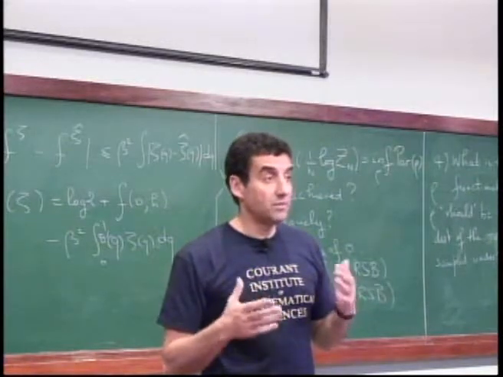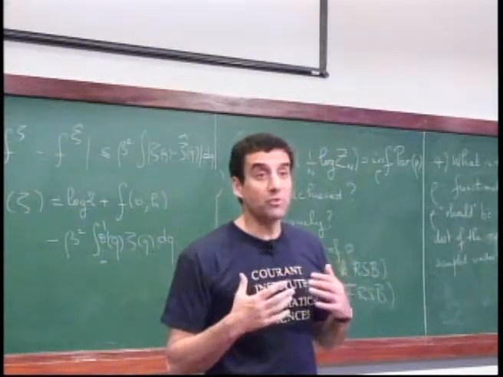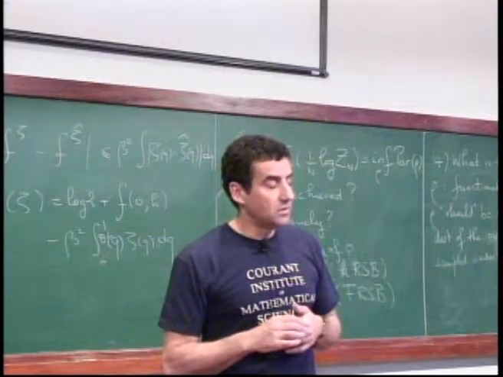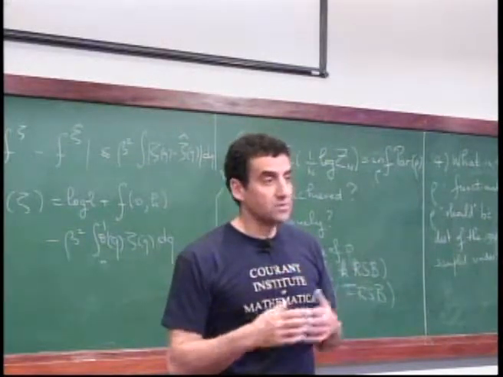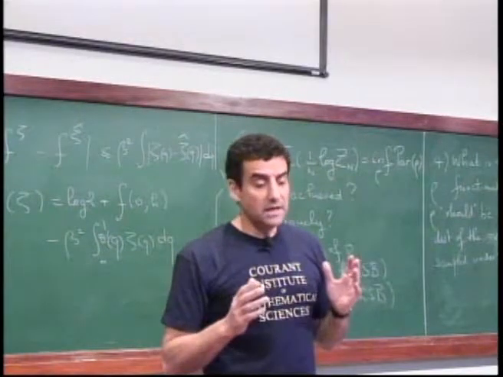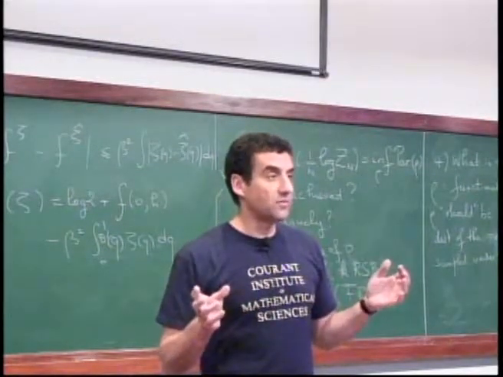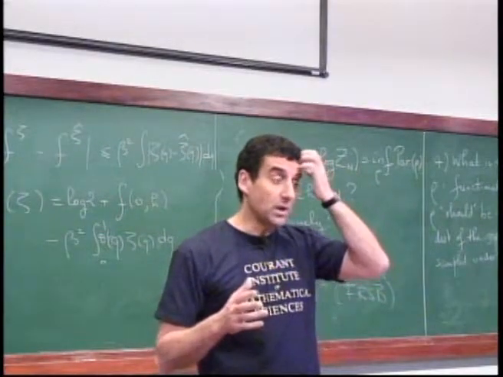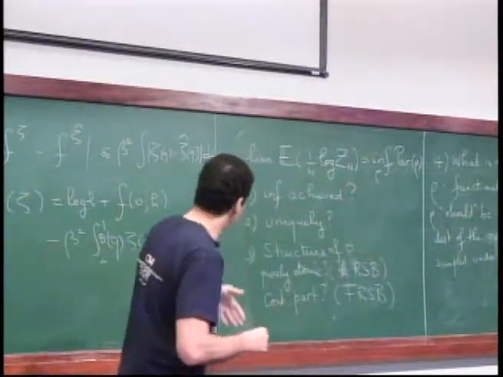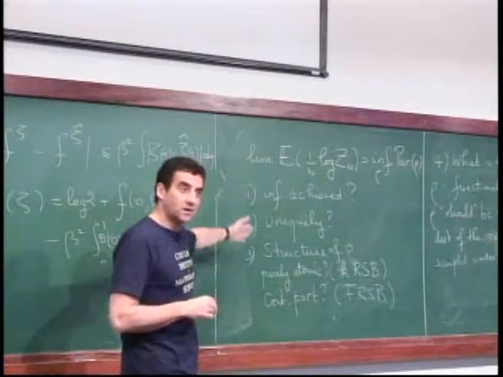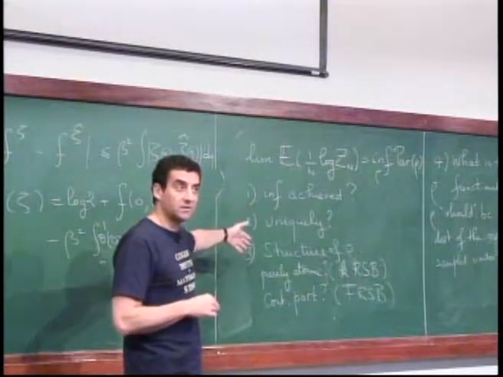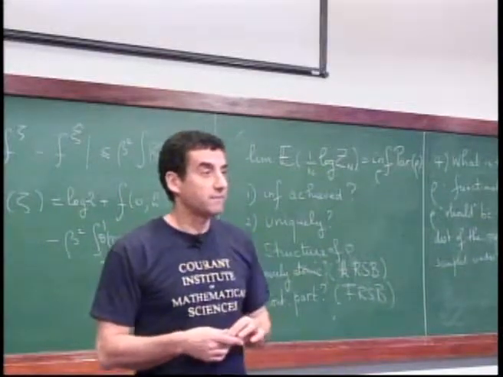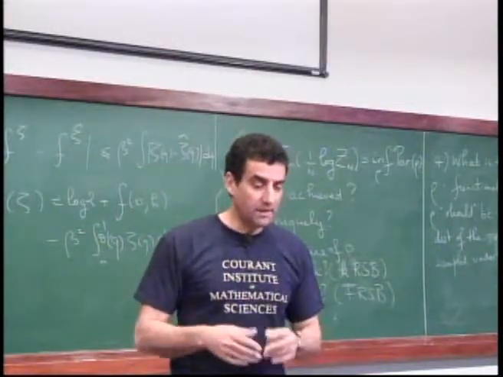The Parisi functional can be written in a much simpler way, and this is due to Crisanti and Sommers, and was proved by Talagrand. And there you have a much neater expression of the Parisi functional, and because this is neat, some of these questions are answered positively. All right, and I will tell you what's happening in the spherical case. All right, after the break.